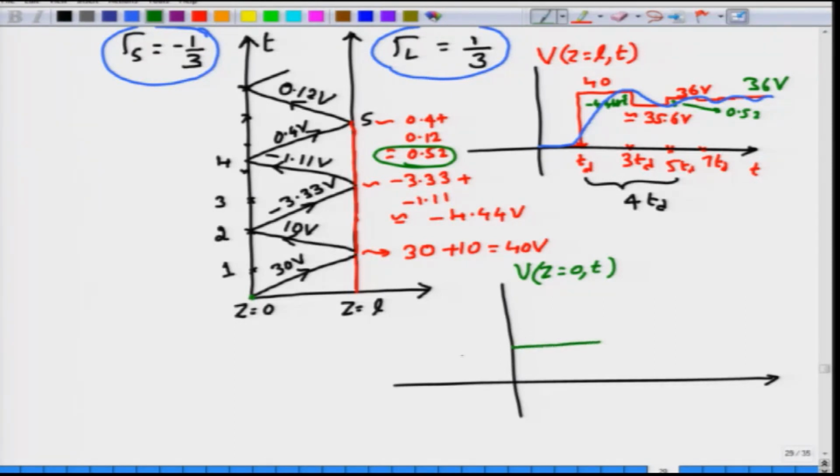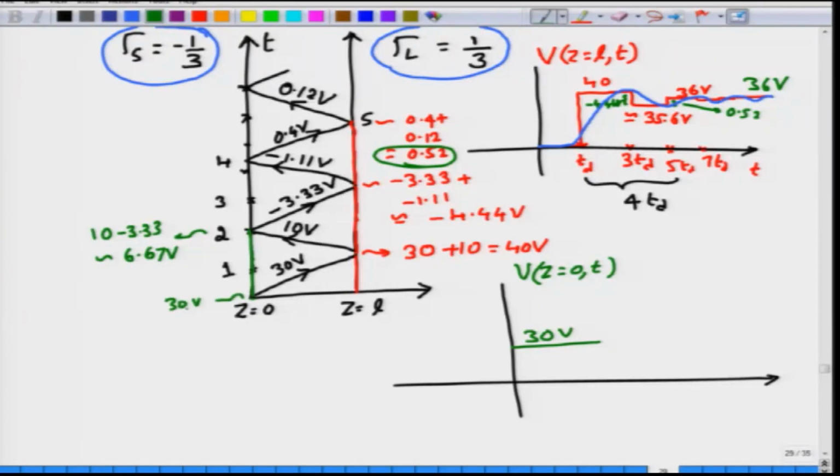So, right at t equal to 0, you have 30 volts, and then as you move up the time axis, you would see that nothing is happening until you reach state 2, that is time 2 Td, at which point the total voltage will be the incident plus the reflected, which is 6.67 volts, which would add on to this 30 volts.